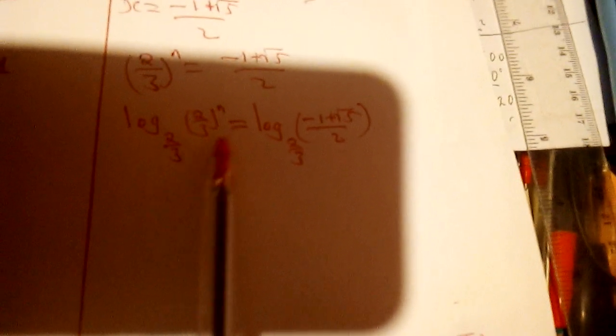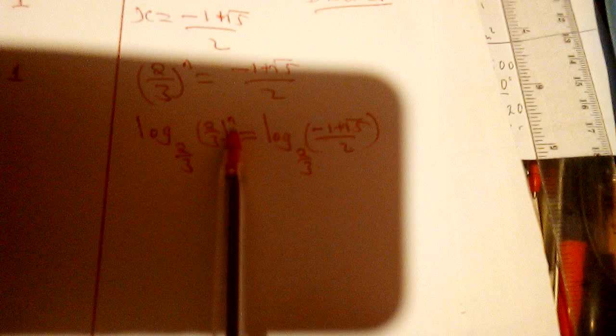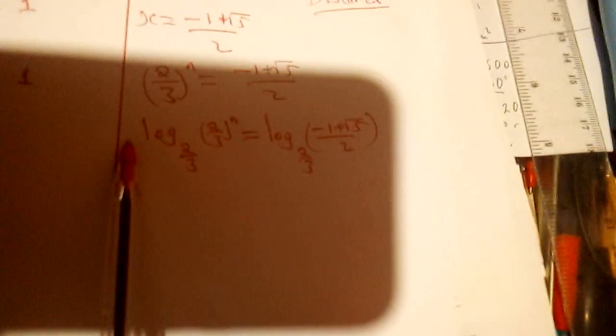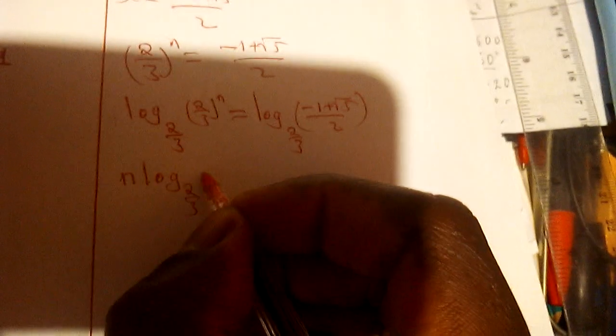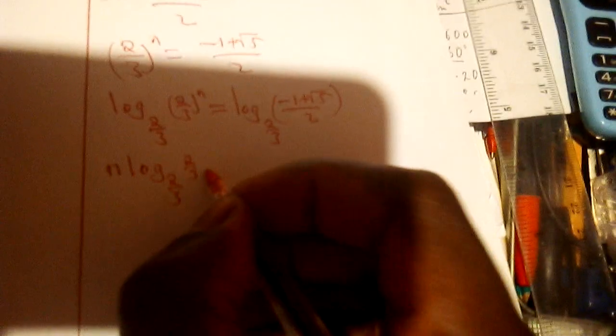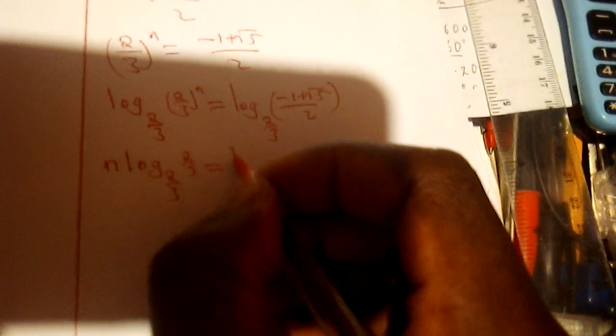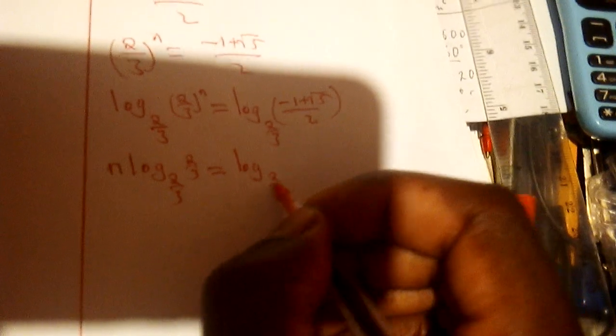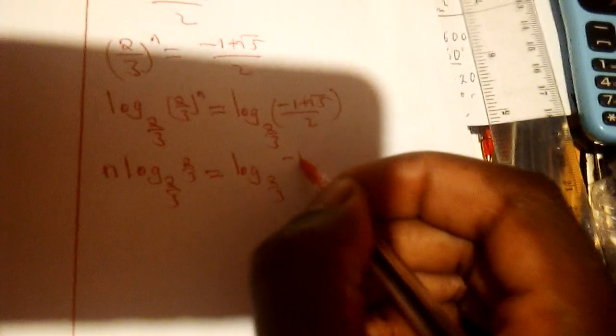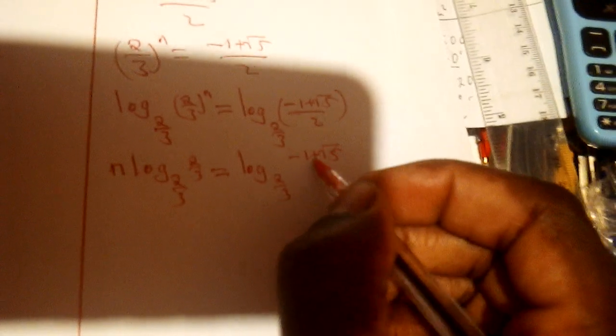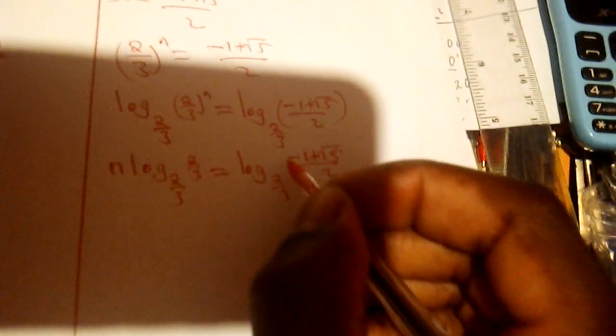In this case, we just bring this n, which is the exponent, here as a coefficient. So we're going to have n times log base 2/3 of 2/3, which is equal to log base 2/3 of -1 plus root 5 over 2.